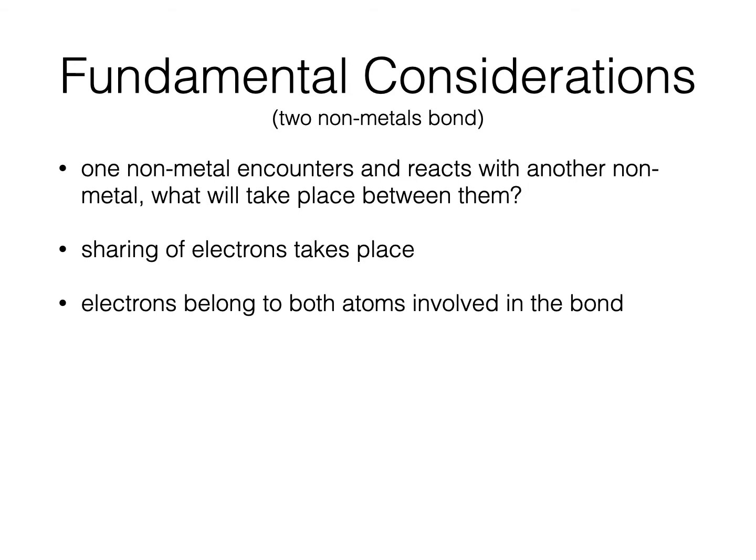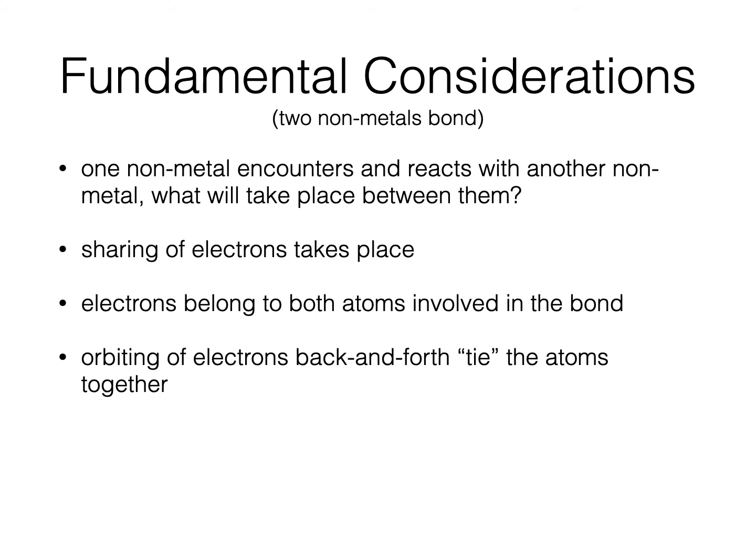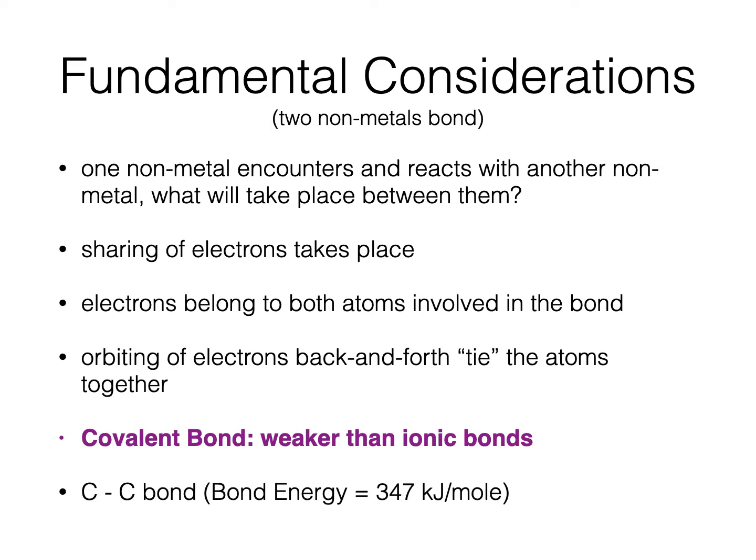And therefore, the electrons end up belonging to both atoms. And so it is the orbiting of the electrons back and forth between the two atoms that actually ties them together and is the origin of a covalent bond. Covalent bonds are substantially weaker than ionic bonds. For example, a carbon-carbon single bond has a bond energy of only 347 kilojoules per mole, so less than half that we depicted for a sodium chloride bond, ionic bond.